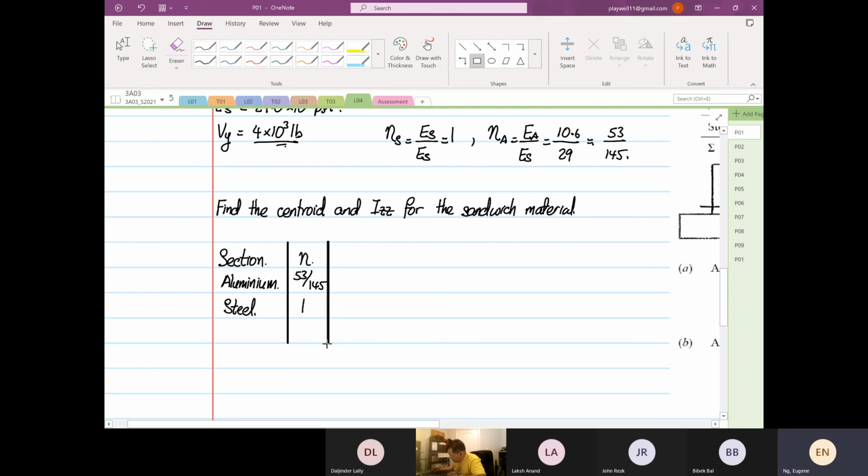And from here, we're going to have our N times width multiplied by depth. For the aluminum, it is 53 over 145, the width is 1.5, the depth is equal to 2. So 53 over 145 times 1.5 times 2 is equal to 159 over 145.